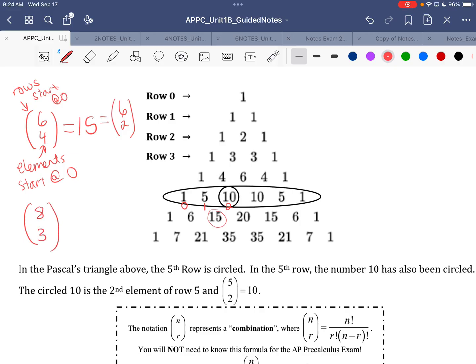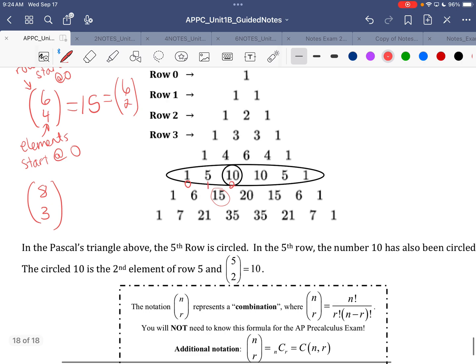Ooh, we don't have this row. How will we create it? I want you to create the 8th row. Follow the pattern of adding.